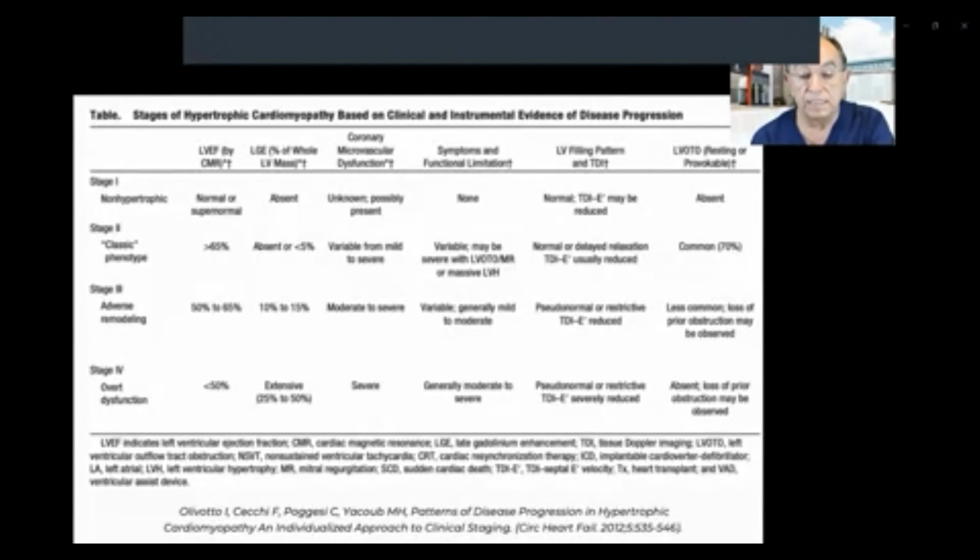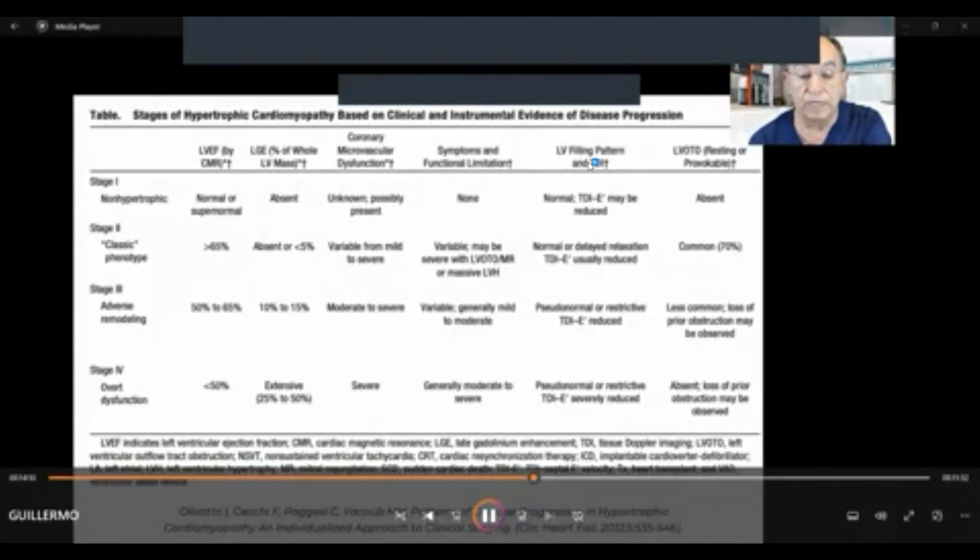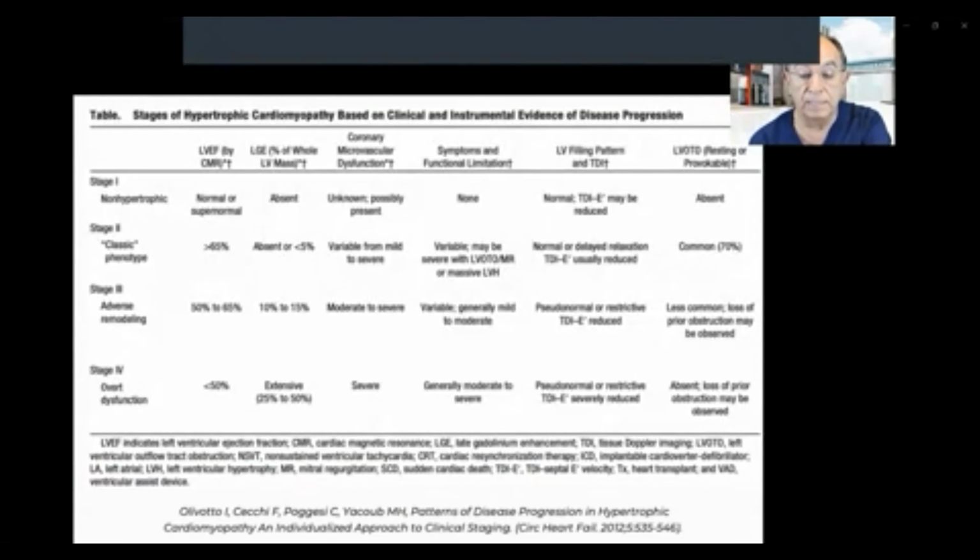Stage 2 is the patients that develop the classic phenotypic pattern. These patients have hypertrophic anomalies in the left ventricle or in the right ventricle, but usually the systolic function is present and absolutely normal, and most of the patients develop a hypercontractility phenomenon.